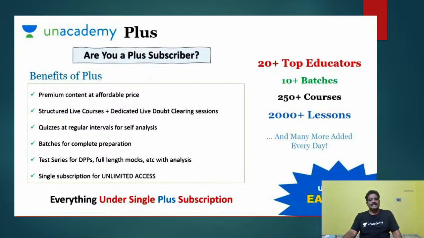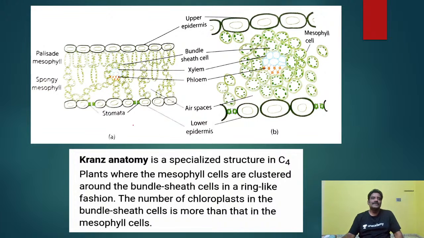C4 pathway. So here one point everyone should remember: what is a C3 plant, and what is a C4 plant? This is a C3 plant. This is a C4 plant.